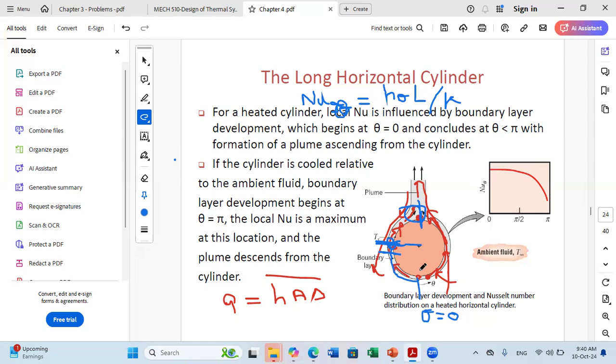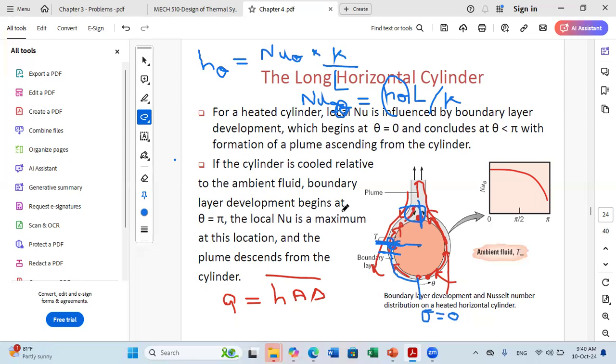Since Nusselt will vary with location, H also will vary with location. So for any angle I ask you about, the convective coefficient for this angle is equal to Nusselt for this angle times K over L. In this way, you can determine at each position what H is.